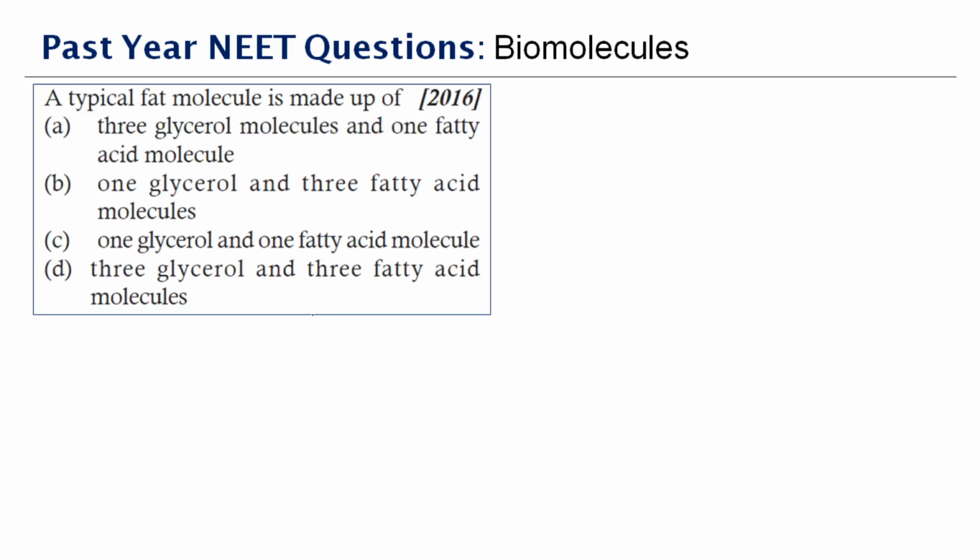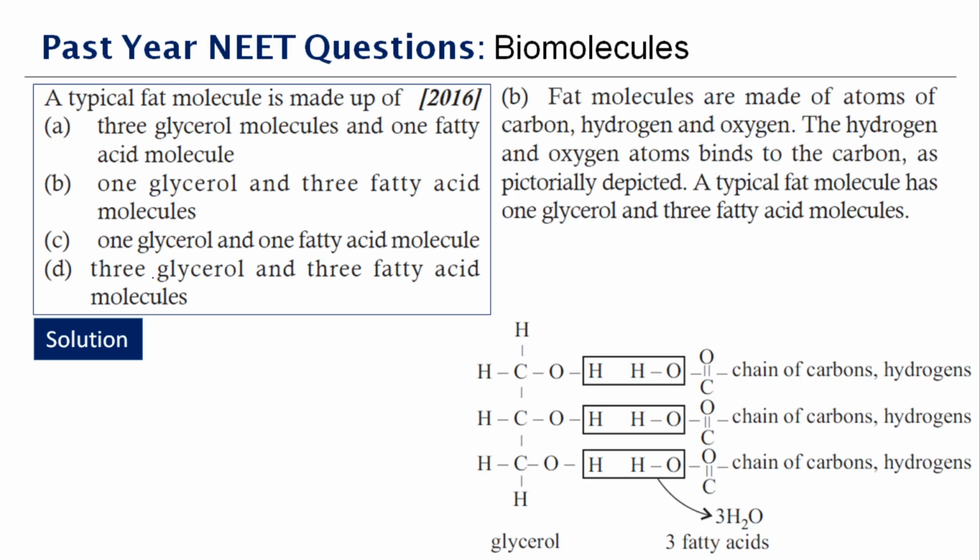Okay, next question here, which was asked in the year 2016. A typical fat molecule is made up of dash. So what is the question here? A typical fat molecule is made up of dash. Fine. I've given you clear-cut information, and apart from that you also have a figure that will represent that.